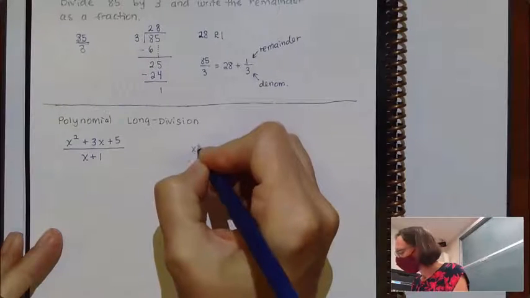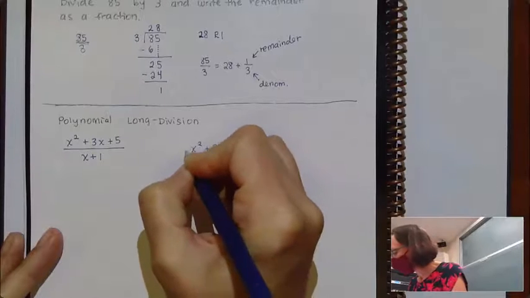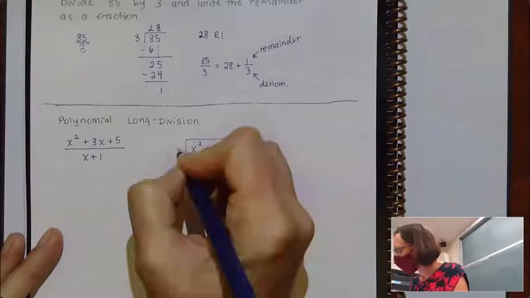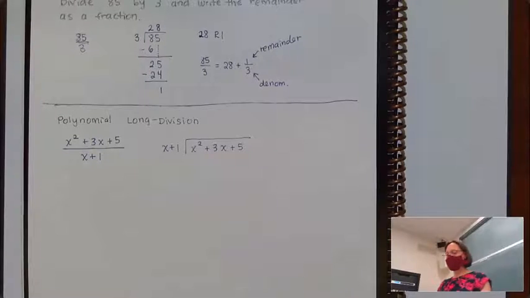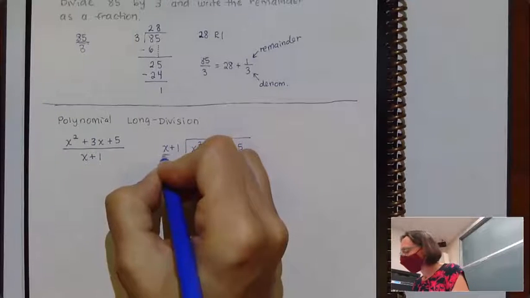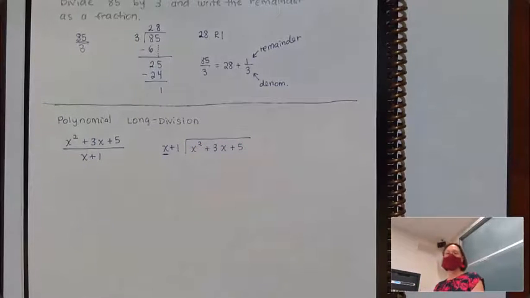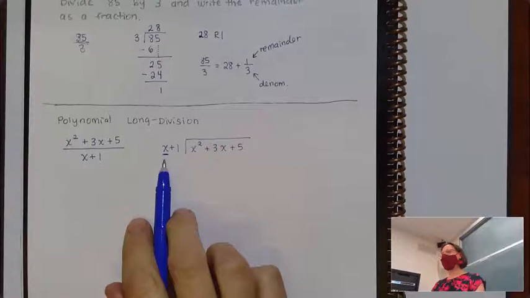So I'm going to have x squared plus 3x plus 5. And what goes on the outside is whatever was in my denominator. Now, unlike when we're working with numbers, there's lots of pieces to look at here. When I'm trying to do that first step of figuring out what to multiply by, we should always focus on the largest power of x on the outside. So no matter what's going on, I'm always referring back to this x.